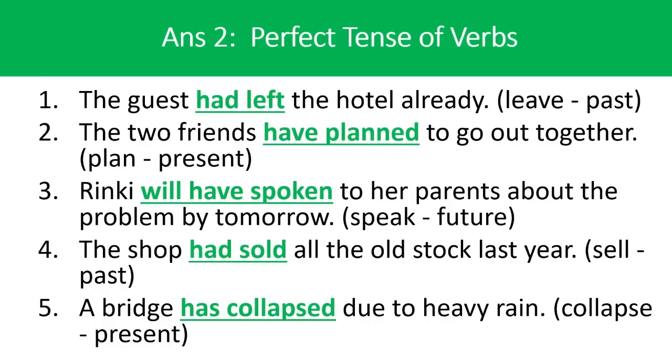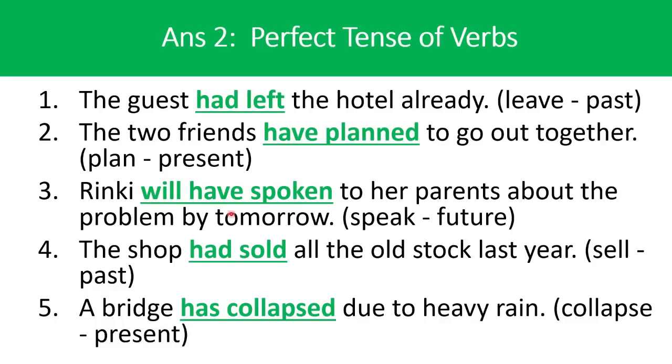Collapsed and planned are called regular verbs. You will have videos on all this if you go back to the channel grammar videos, verb videos. Planned, collapsed, with -ed, these are called regular verbs because they follow the same pattern.